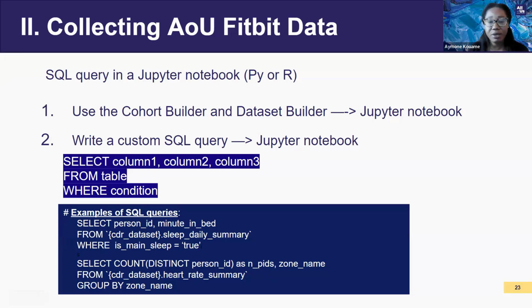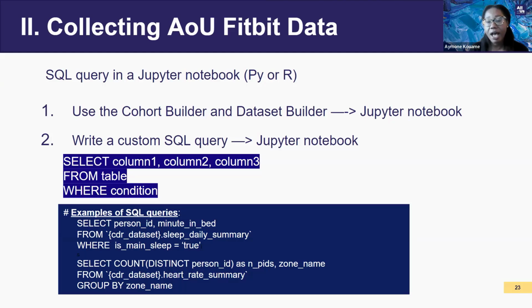This is just an example where we're selecting the person ID column and the minutes in bed column, and each column is separated by a comma. And then from a table: select columns from table where condition. In the first query, we're just making sure we select only the main sleep. That is the first query. The second query is the count data.